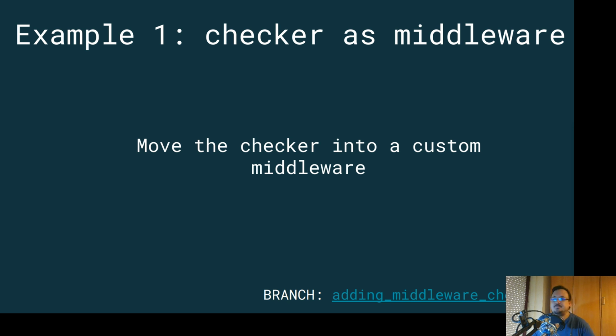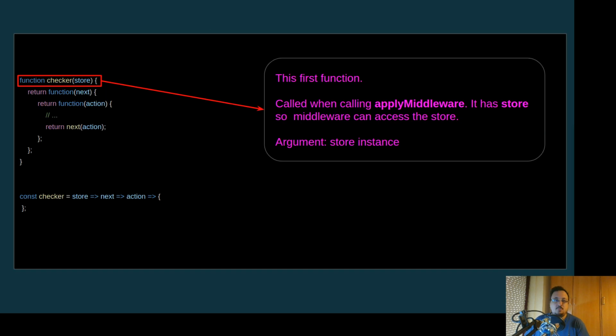Okay, now we have the checker. What do we have to do? We have to move the checker into a custom middleware. This is also done in the class, and here we will see this kind of structure.